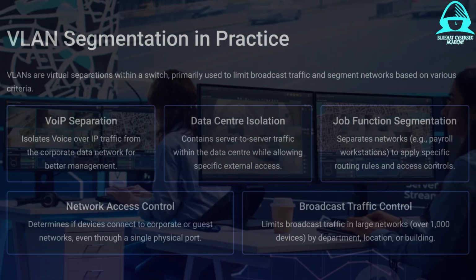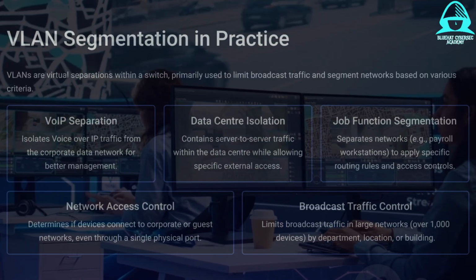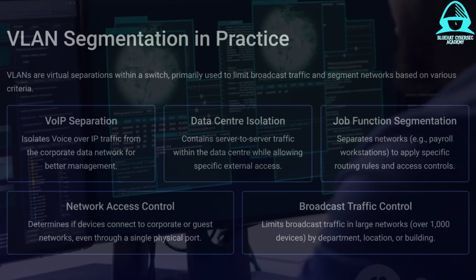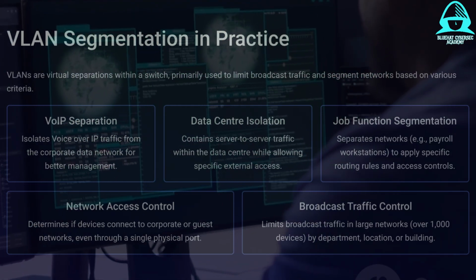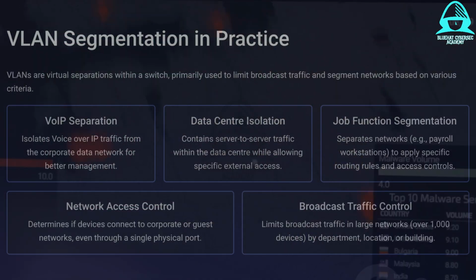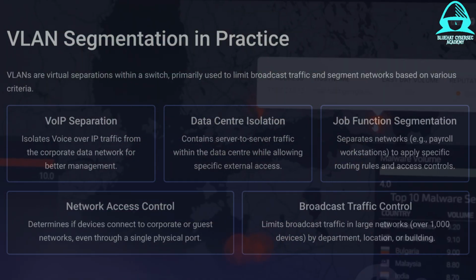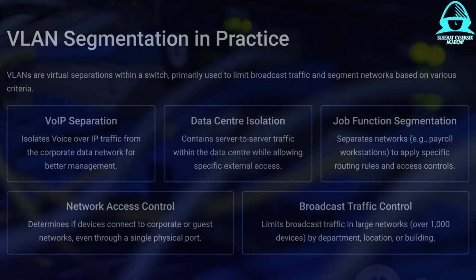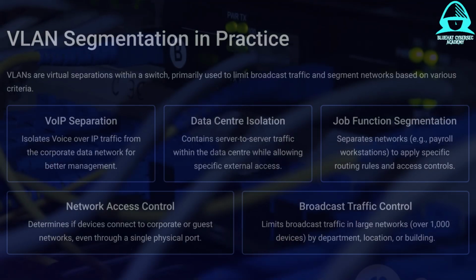Let's move further into how VLANs are used in practice. VLANs are basically virtual separations within a switch and are used primarily to limit broadcast traffic. A VLAN can be configured to communicate with other VLANs or to remain isolated, and it may be used to segregate different network segments. There are several common uses of VLANs in corporate networks.